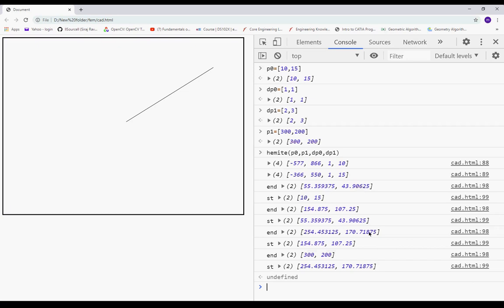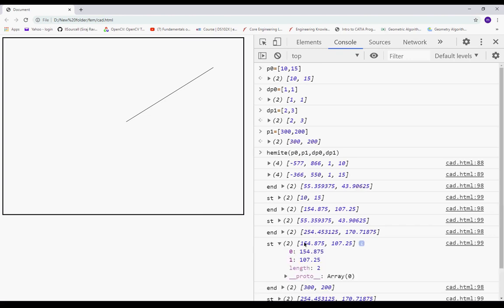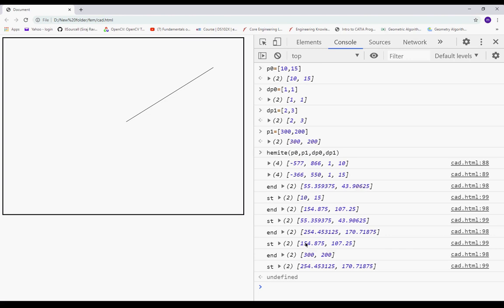My end point is this. I'm printing start point later. So start point is this, and this is the end point. Start point becomes the previous one, and this is the end point. But here start point is 154. Yeah, correct, 154, and end point is this.